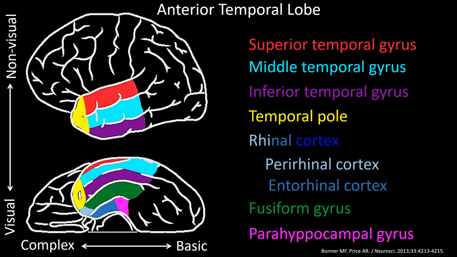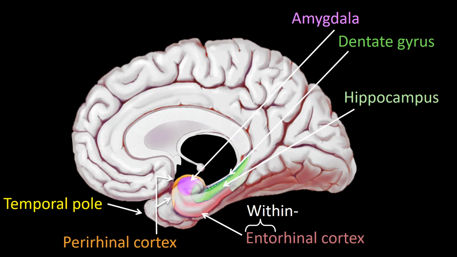Stop the presentation and take a few minutes to review the position of the different gyri in the anterior region of the temporal lobe. In this new frame, look at the position of the perirhinal and the entorhinal cortex. Behind the entorhinal cortex, we have the parahippocampus.